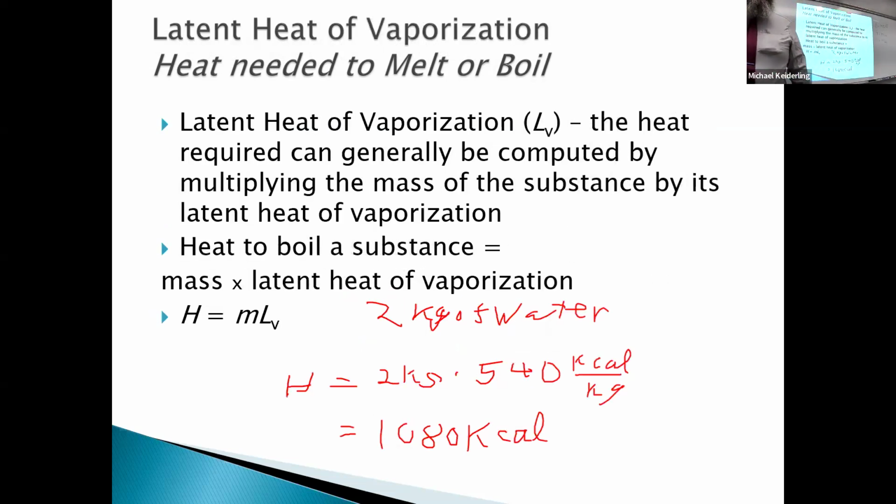The latent heat of vaporization is the heat required to boil a substance, and you multiply the mass of the substance by the latent heat of vaporization. So to boil 2 kilograms of water, 2 kilograms times 540 kilocalories per kilogram, it's 1,080 kilocalories. Takes a lot more heat to boil water than to melt ice.